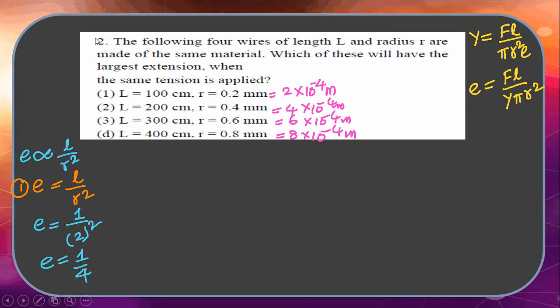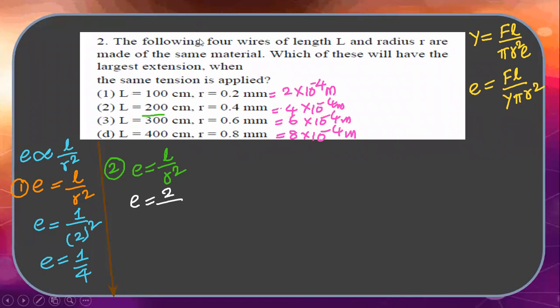And the second one, whenever we take. In the second, E is equal to L divided by R square. What is L? L is equal to 200 centimeters, nothing but 2 meters. E is equal to 2 meters divided by R value. I am taking only 4 because this 10 power minus 4 is common for all of them.